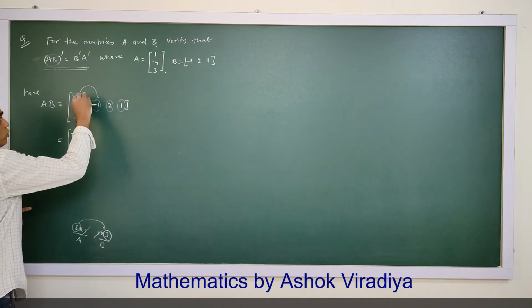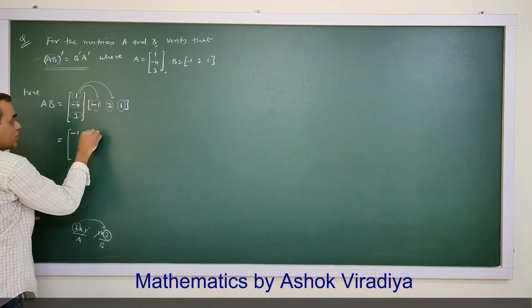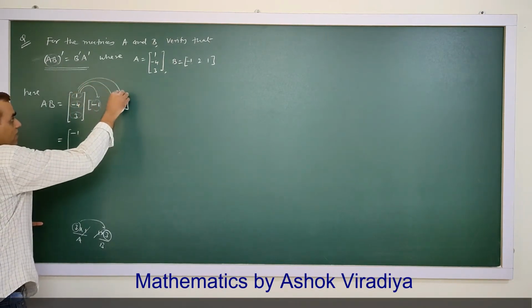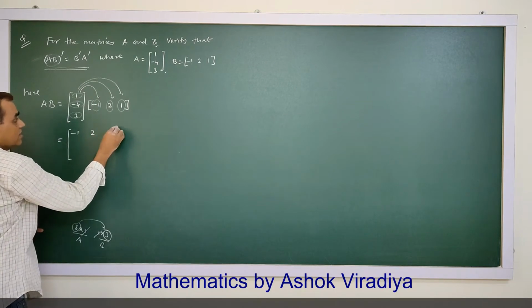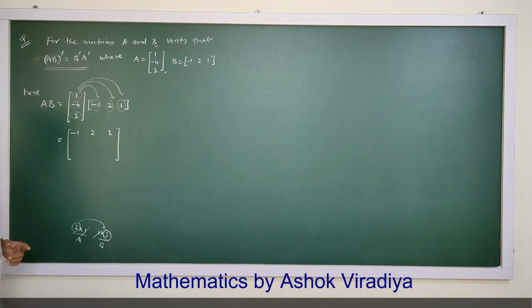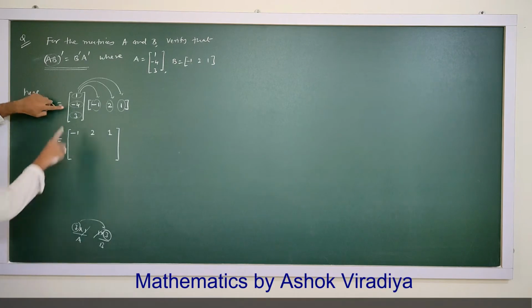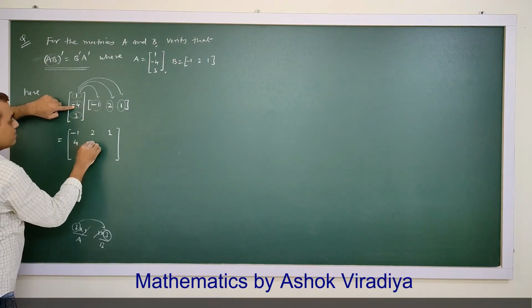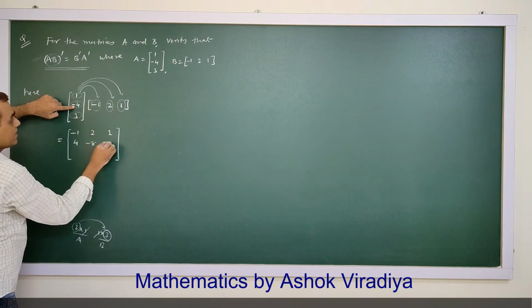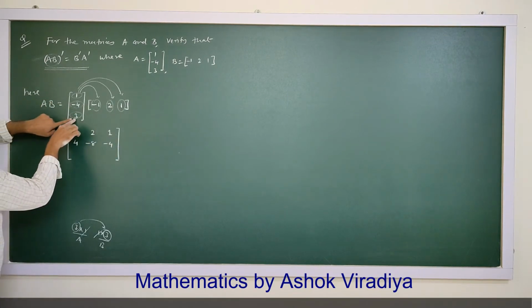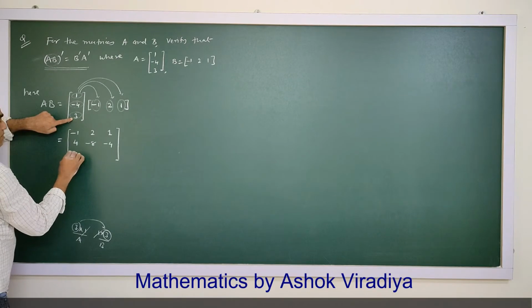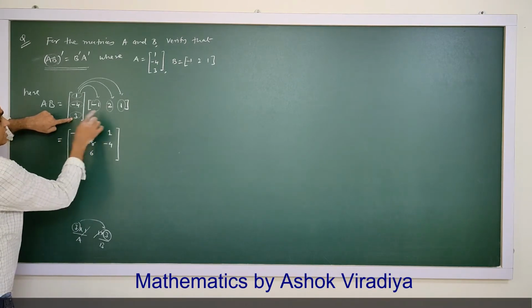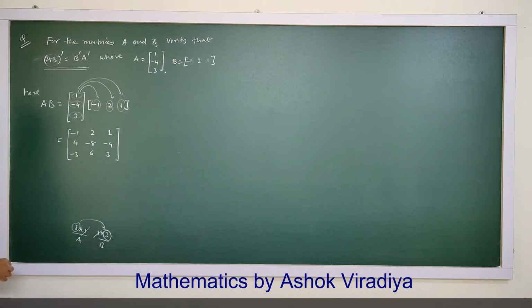Then 1 into 2 is 2. 1 into 1 is 1. Then close this side. Now the terms of the second row. Minus 4 into minus 1 is 4. This will be minus 8. This will be minus 4. Terms of the third row: 3 into minus 1 is minus 3. 6, 3. So it is a 3 by 3 matrix.